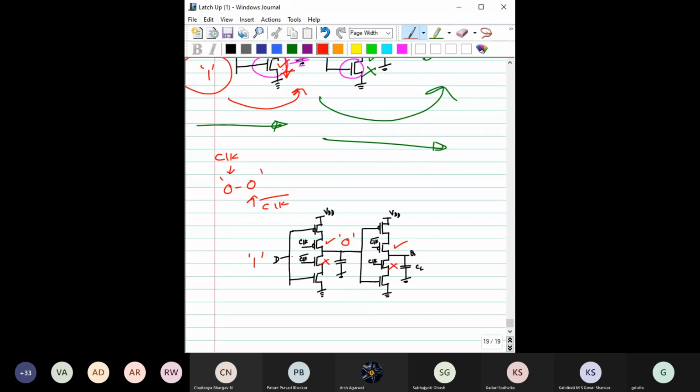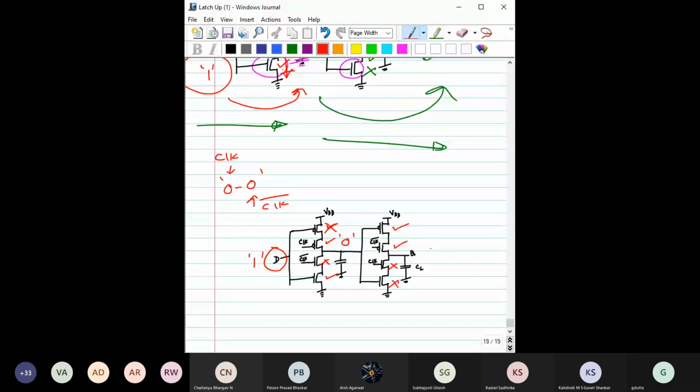Okay. Now we have given 1, so this transistor is now turned on. This transistor is off, this transistor is on. This 0 would help to turn on this transistor and turn off this transistor. Okay, now you see, is there any direct connection between this input D and Q?